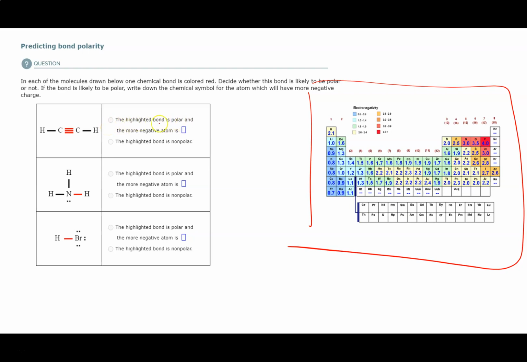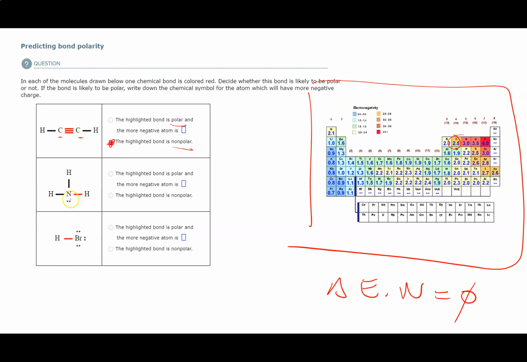It says the highlighted bond is polar and the more negative atom is, or alternatively we can say that the highlighted bond is non-polar. Now this bond is between two carbon atoms, so the difference in electronegativity is 0, because both of those carbon atoms have an electronegativity of 2.5. So that bond is non-polar.